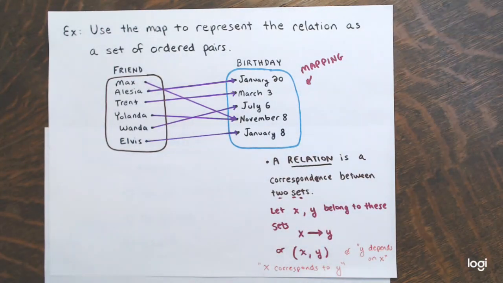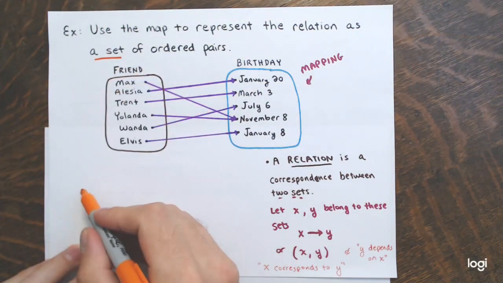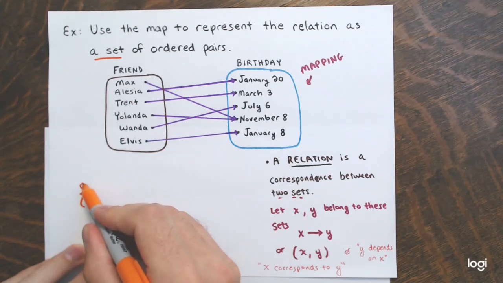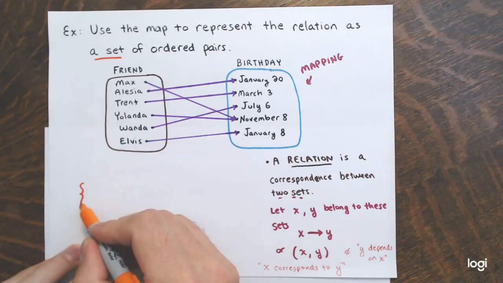So I'm creating a set. I'll start off with the little curly brackets again, just making a little mini S shape and then doing it backwards.